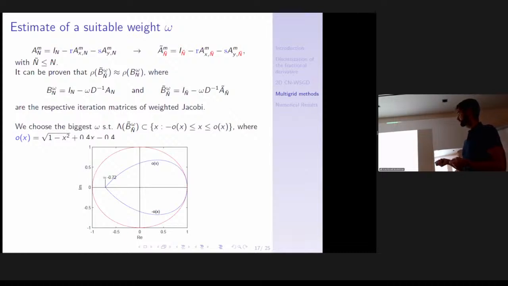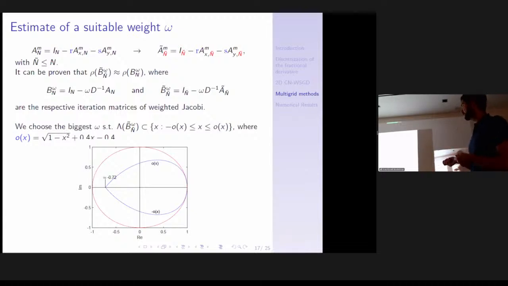So we want the whole spectrum of Bn to be inside the red region, but we only have the spectrum of B tilde. So we use a smaller region to avoid possible outliers going inside the red region.